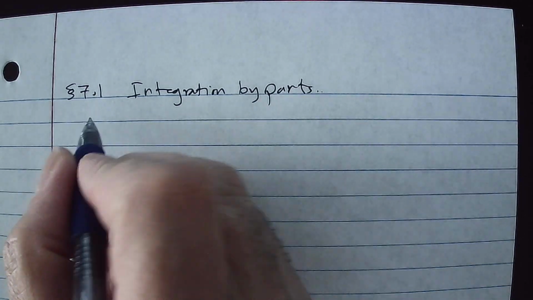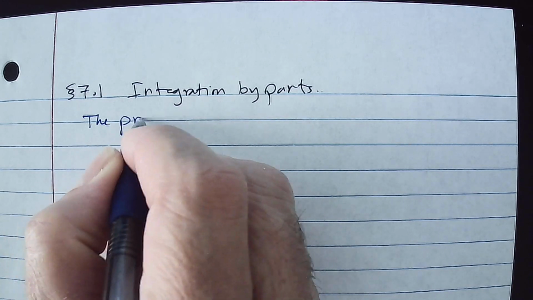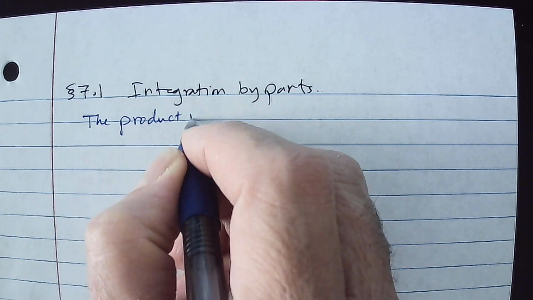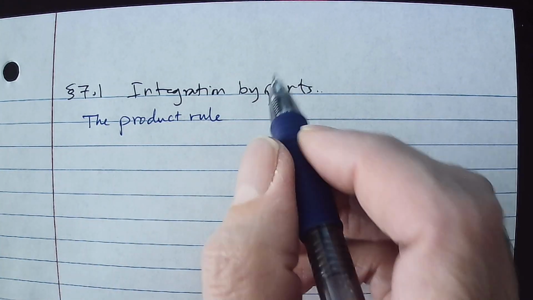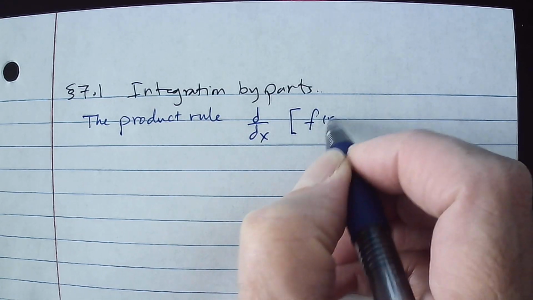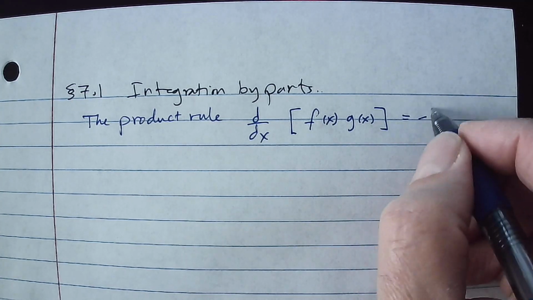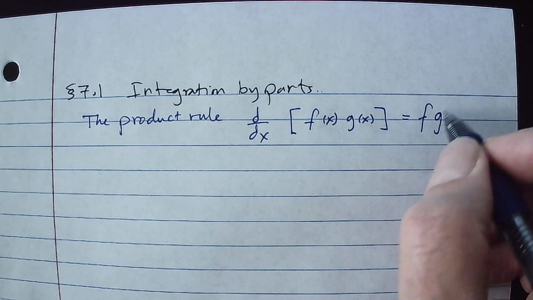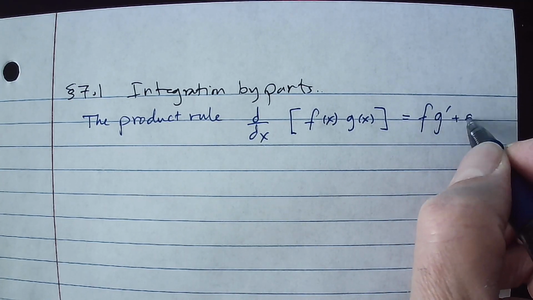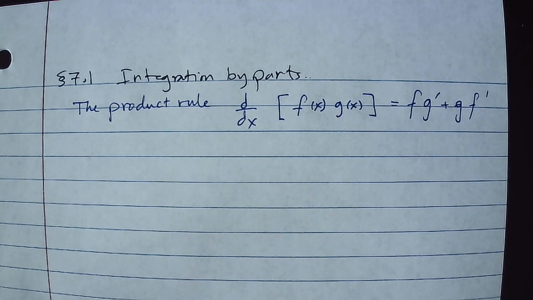Originally, this rule comes from the product rule of differentiation, where we have d by dx of f of x times g of x is f g prime plus g f prime. This is the product rule.